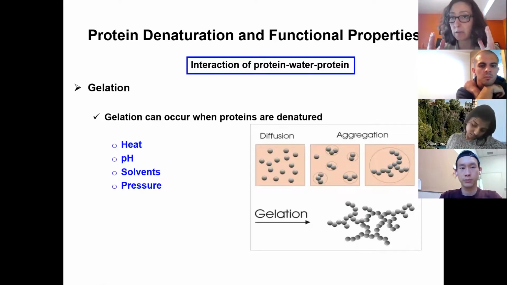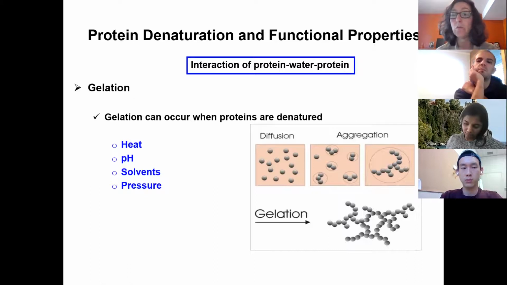That's the most ideal situation. And you have an impact of the temperature of forming the gel, the pH, obviously, what other solvents you have, whether or not you induce pressure or homogenization.